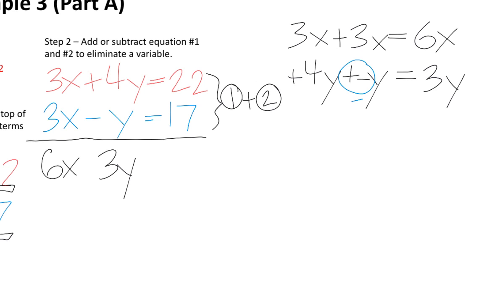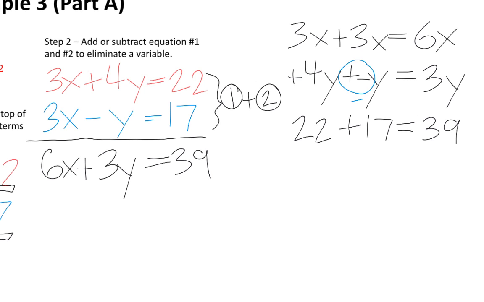But as you know, you should be adding a positive sign here because it looks really weird if you have a 6x and a 3y beside each other without any sign. And last but not least, let's take a look at 22 plus 17, and that is equal to 39.